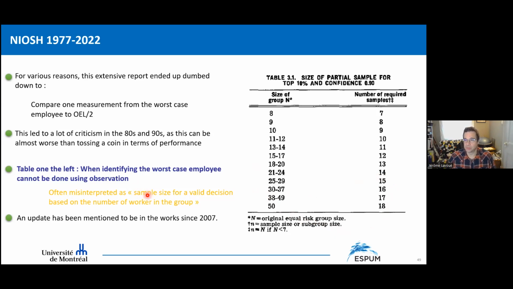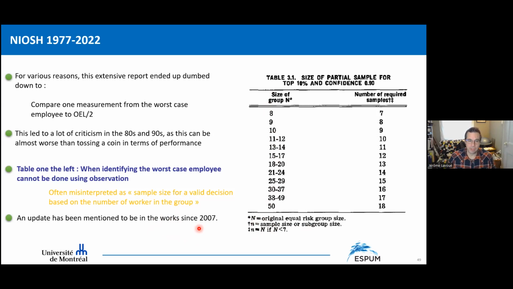So if you don't know what the worst case employee is, and you have a group, you need to take 9 measurements, and then it's very probable that the highest of your values corresponds to the actual worst case employee. So not a really super useful table, but some organizations treated it as the ideal sample size for risk assessment, which is not the case.